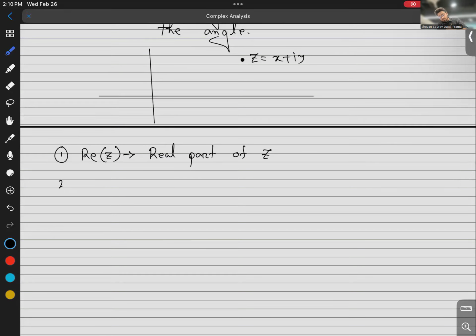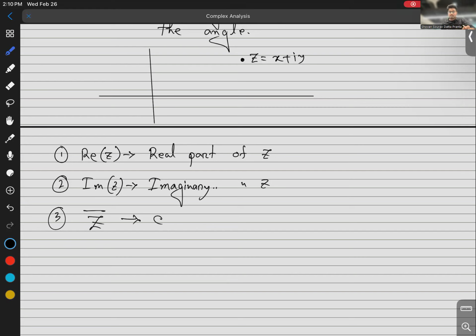We are just getting introduced to some notations in complex numbers, and then the imaginary part of z will be Im of z. And then finally, we will consider the conjugate, that means z bar.